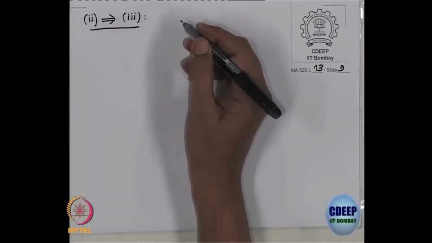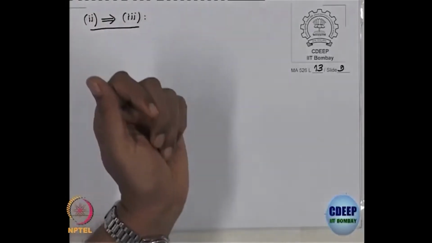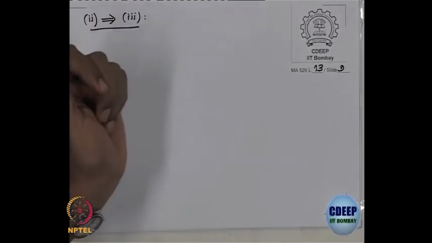So, 2 says every prime ideal P in the set M is minimal among non-zero prime ideals in the polynomial ring, and from here we want to conclude that the radical of the ideal A is the principal ideal. This is what we want to conclude.